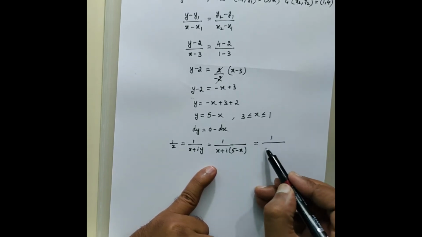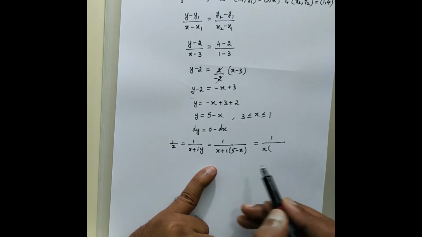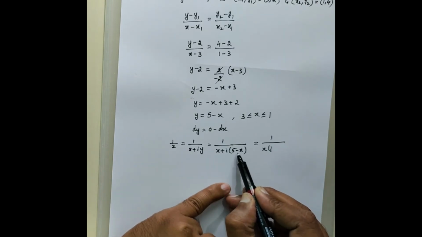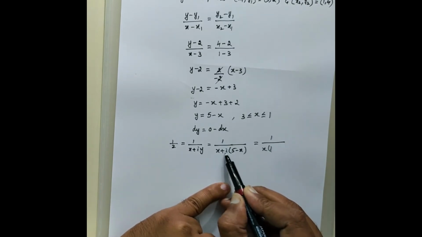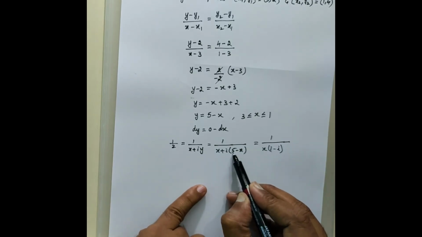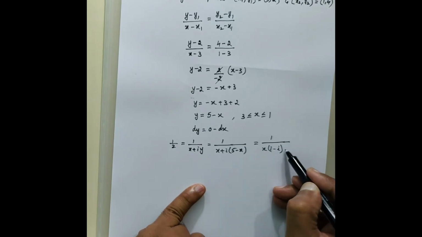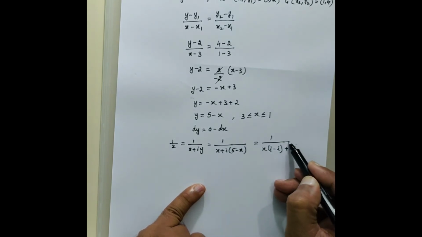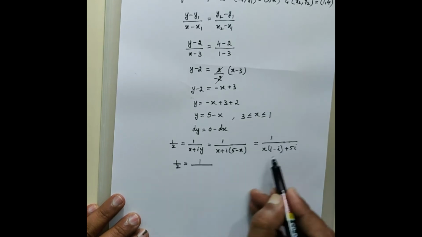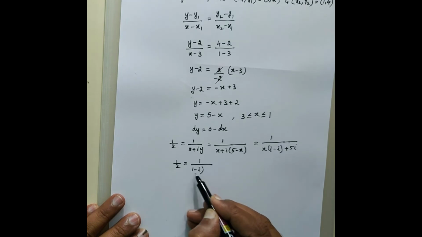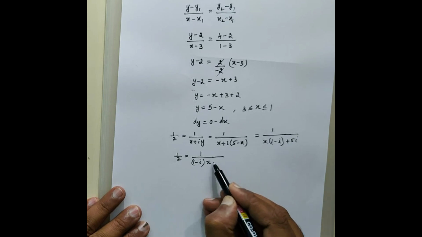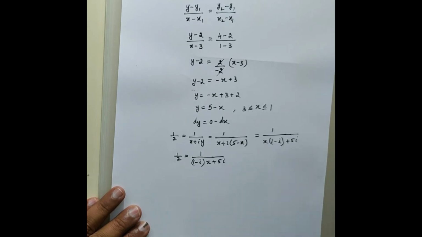If I take x common outside, because there are two terms for x, 1 will be left out. Here if I take x common, it is minus i. And you can multiply this i with 5, so we will be getting plus 5i. So further, if I try to rewrite, 1 by z will be equal to 1 by x times, I will write first, 1 minus i, then plus 5i as it is.